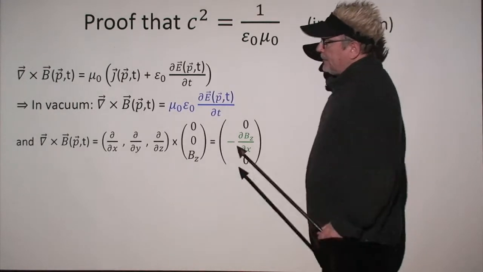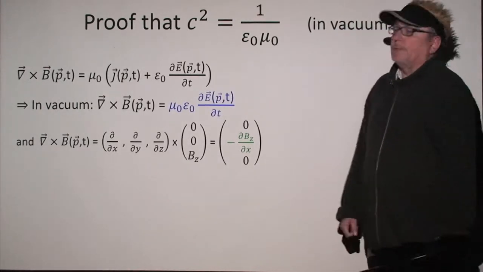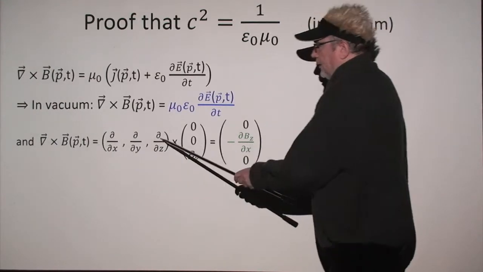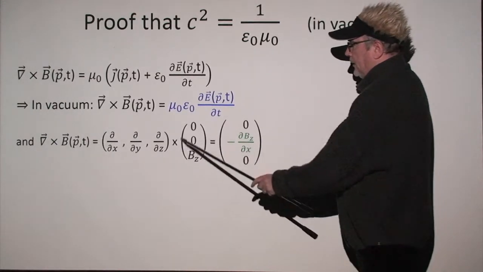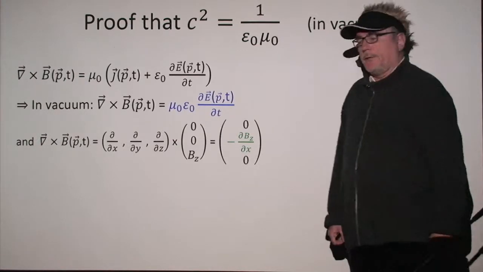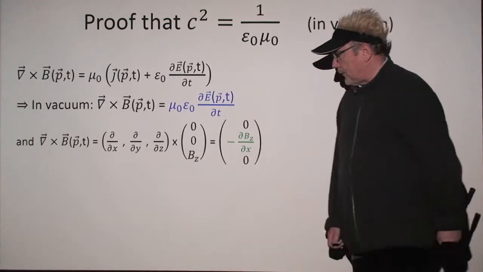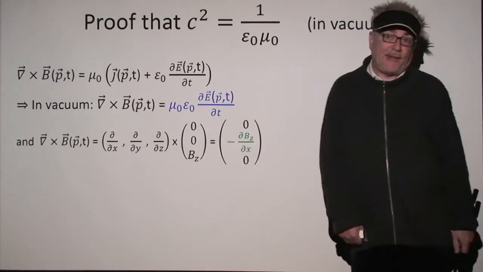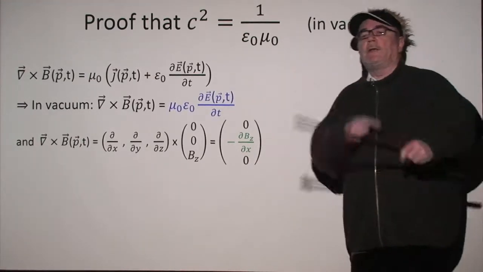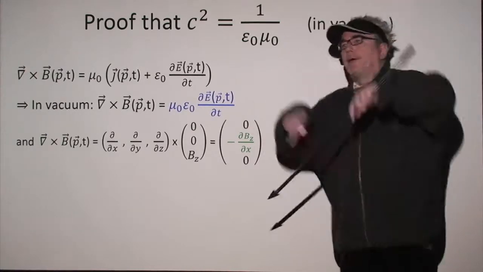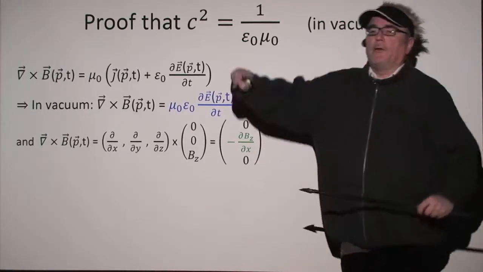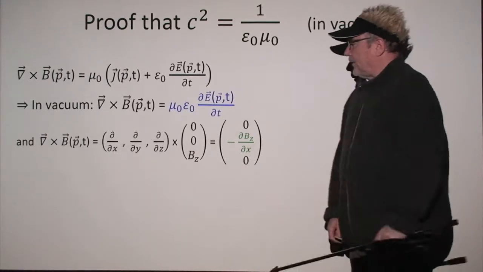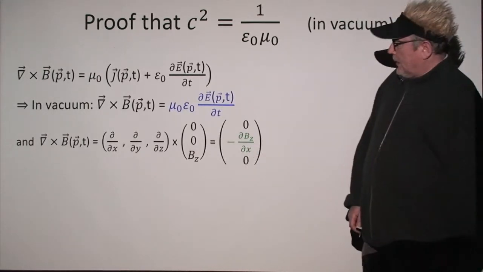If you remember, the curl is equivalent to a cross product of the gradient with the electric field, which has a value only on the z-axis, so we get exactly that, by using the usual multiplying coordinates minus the other multiplied coordinates, etc. You get this, and you get 0 everywhere else.